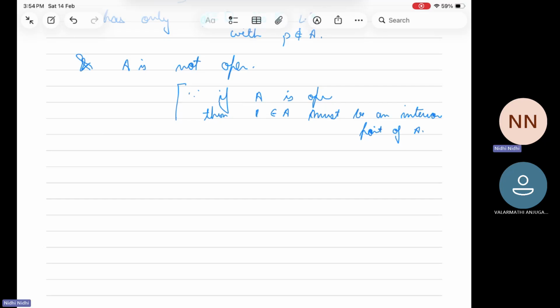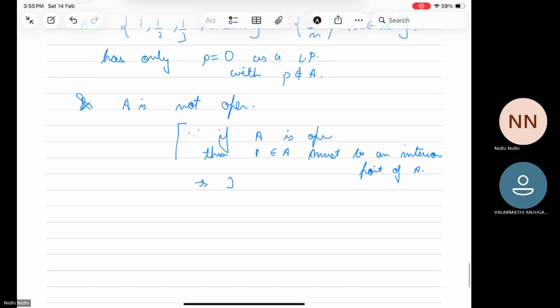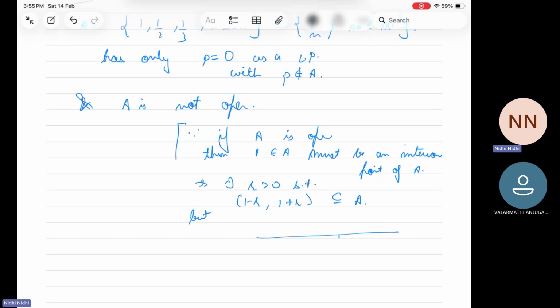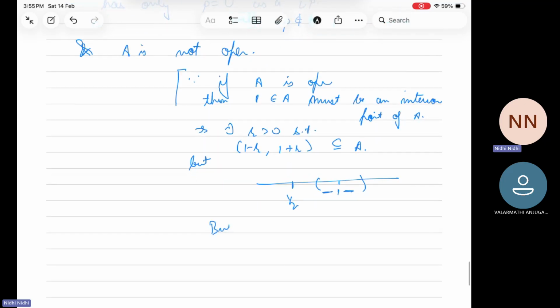That means we should be able to find some r positive such that 1 minus r to 1 plus r is contained in A. But clearly we can see that if this is 1 and this is somewhere 1 by 2, whatever r we take, this whole interval cannot be in A. So 1 minus r to 1 plus r is not contained in A for every r positive.